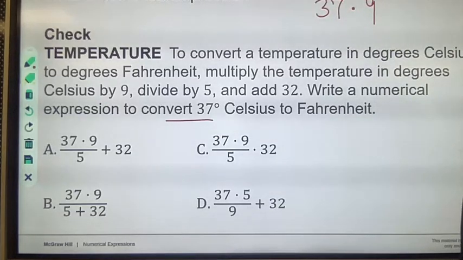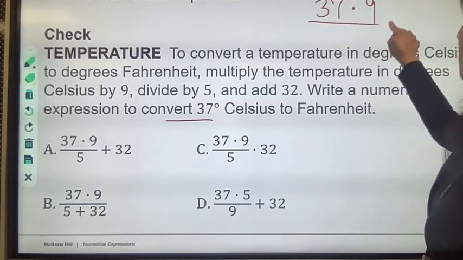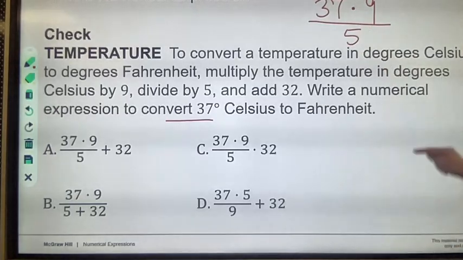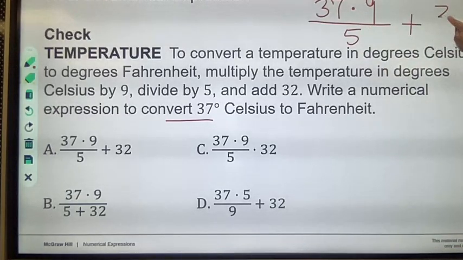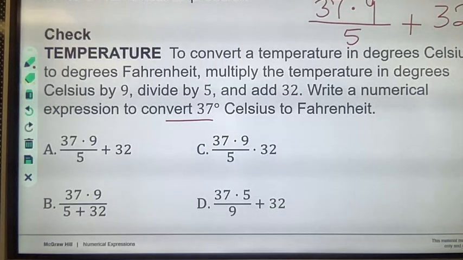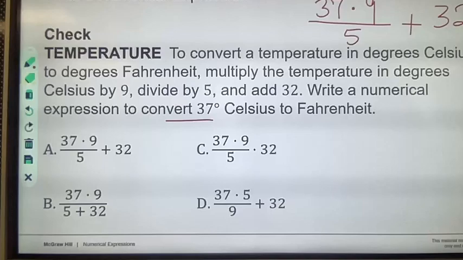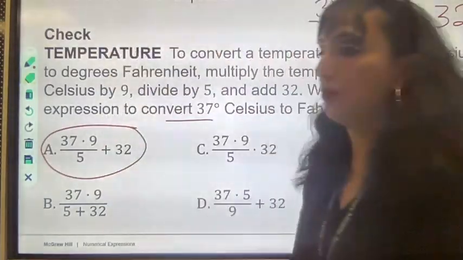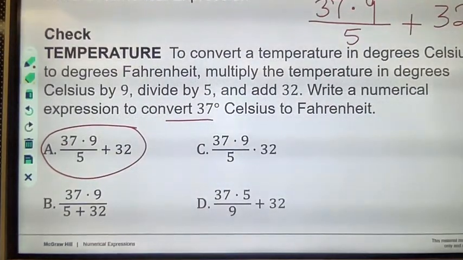Okay, divide by 5, right? And add 32. And so, which answer choice are we getting for this? It is the first one, which is here. And that would be the correct answer.